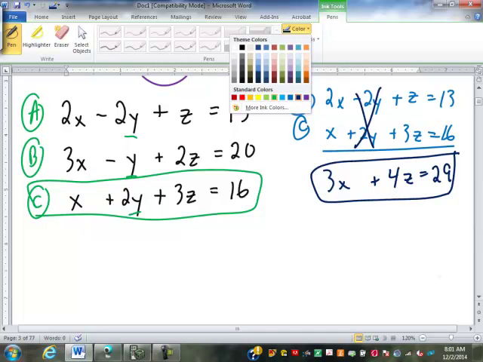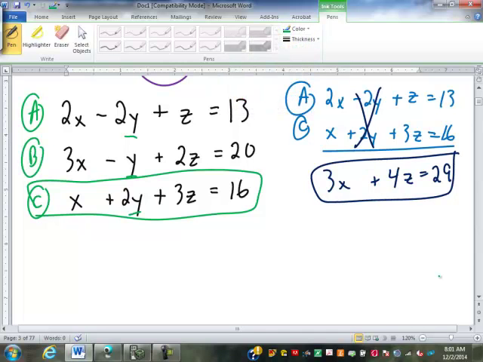So next, we're going to use equation C again, but this time with equation B. x plus 2y plus 3z equals 16. We're going to do 2 times equation B. Why 2 times equation B? It's a negative 1, and we want to make it into a negative 2.